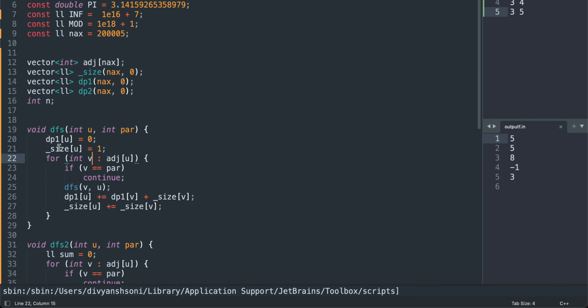Maybe size is doing something. Size 1. Let's write sz as size.